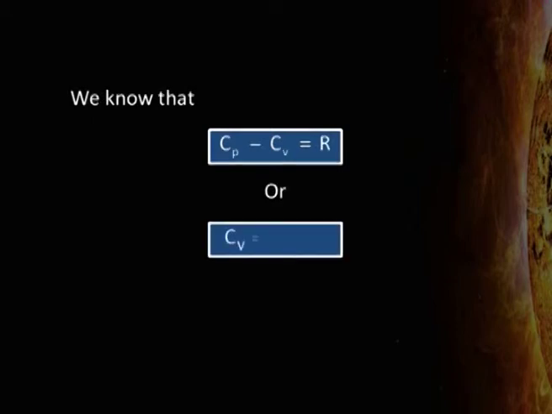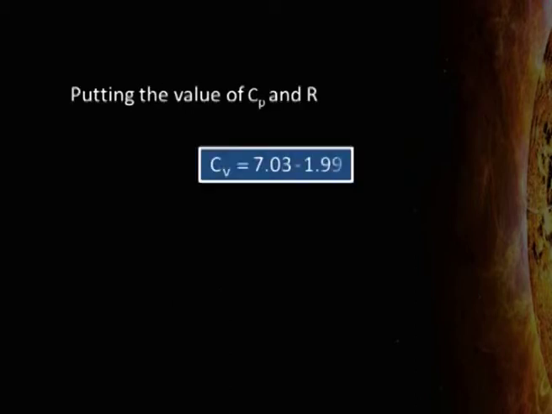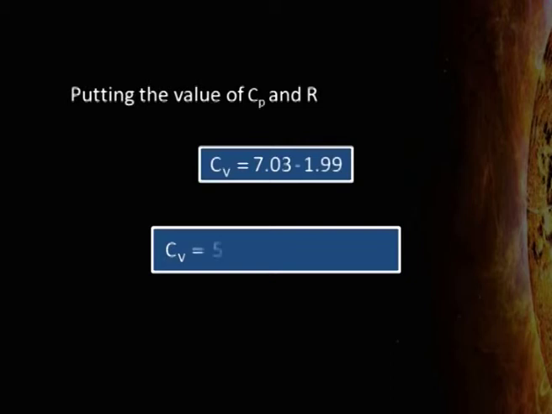We know that Cp minus Cv is equal to R or Cv equal to Cp minus R. Here Cp is 7.03 and R is 1.99 in calories. Therefore, Cv will be equal to 5.04 calories per mole per degree.